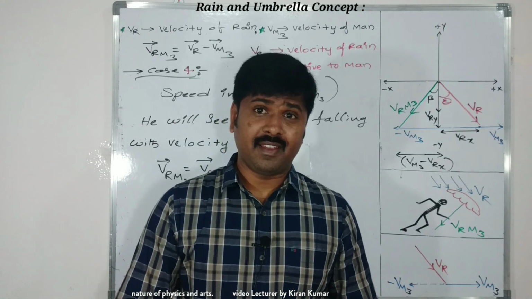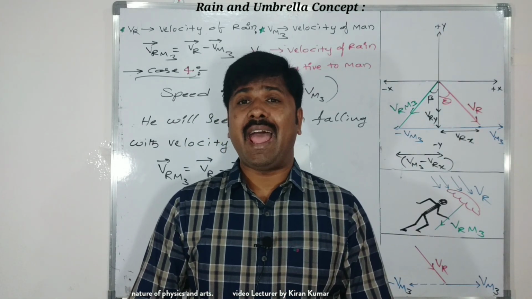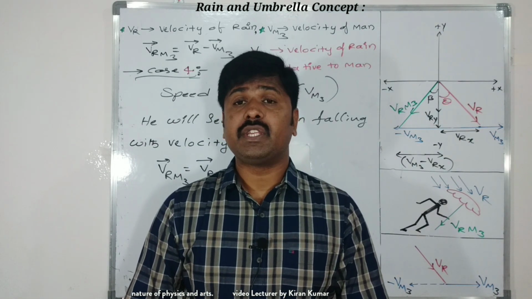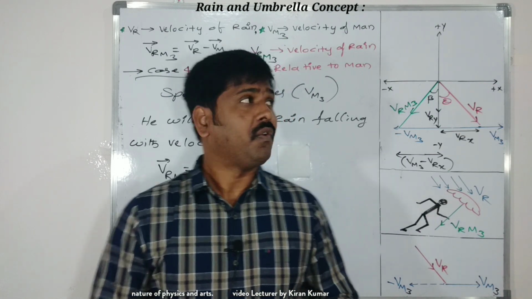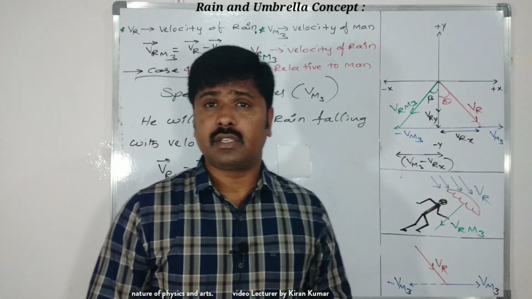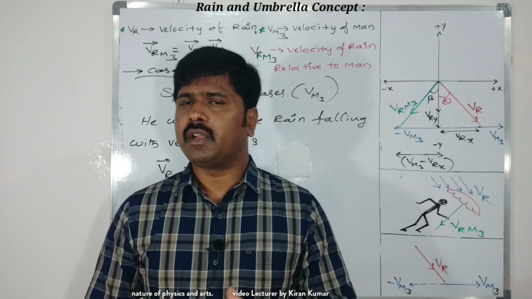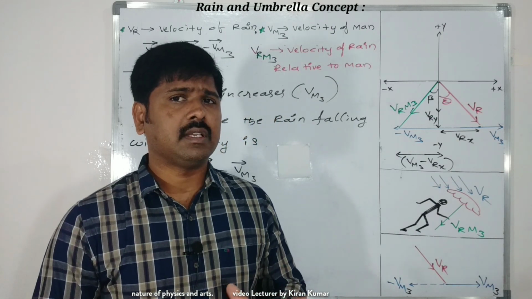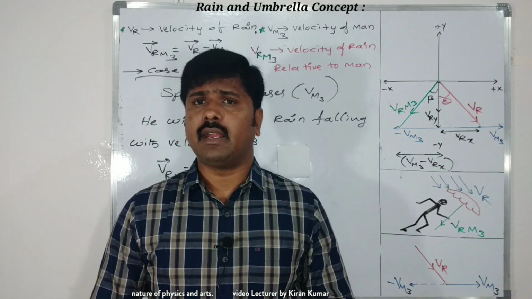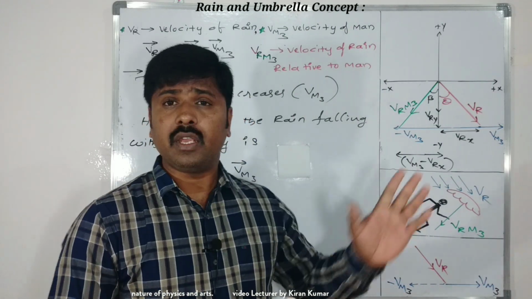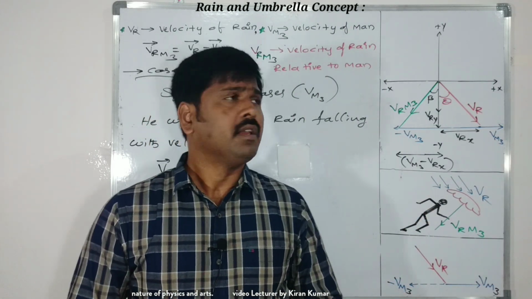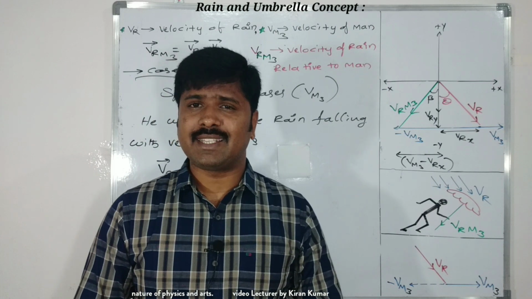Now the fourth case. In the fourth case, the man is moving with a velocity Vm3 from west direction to east direction. Here, the direction in all three cases is taken from left side to right side, that is from west to east, along the positive x-axis.